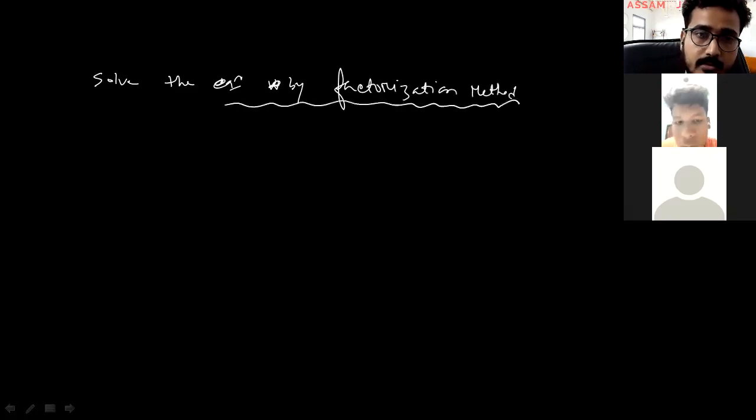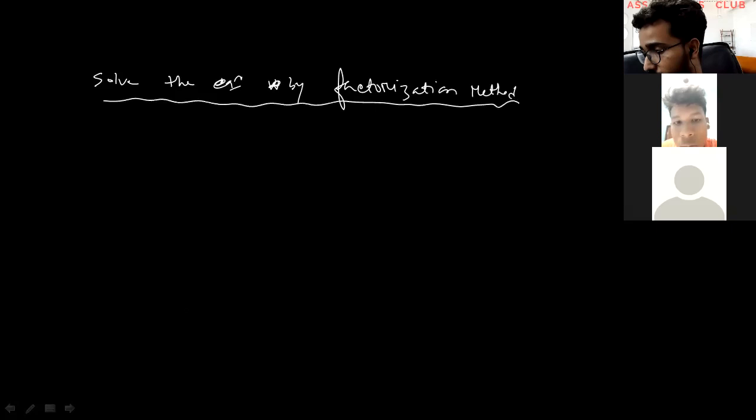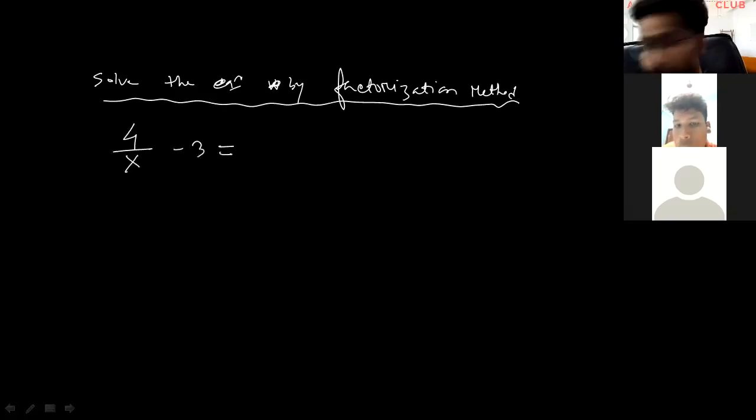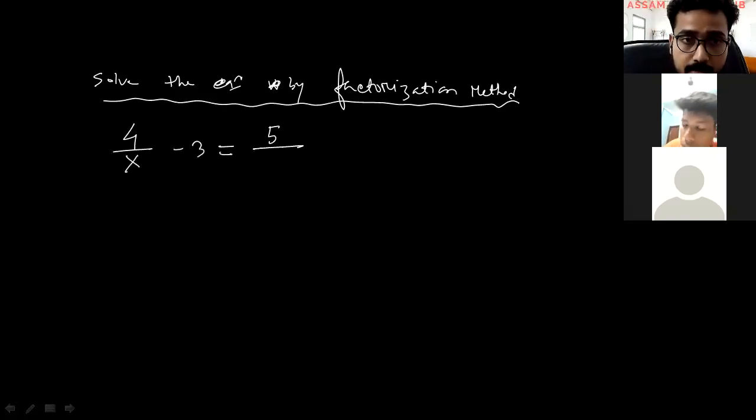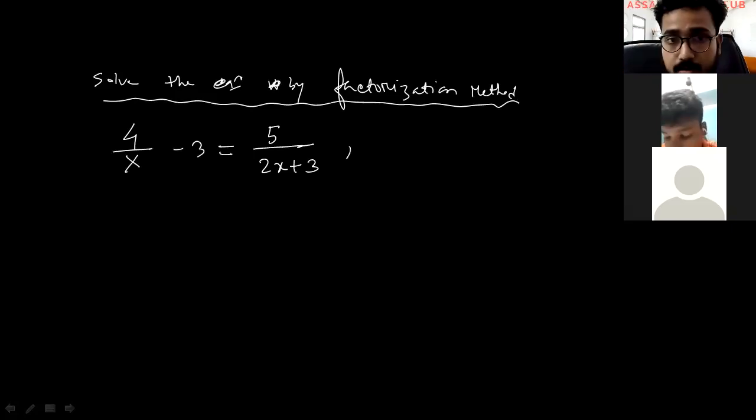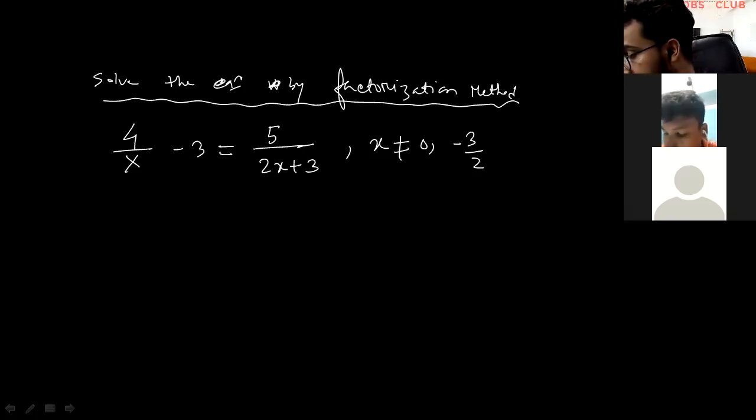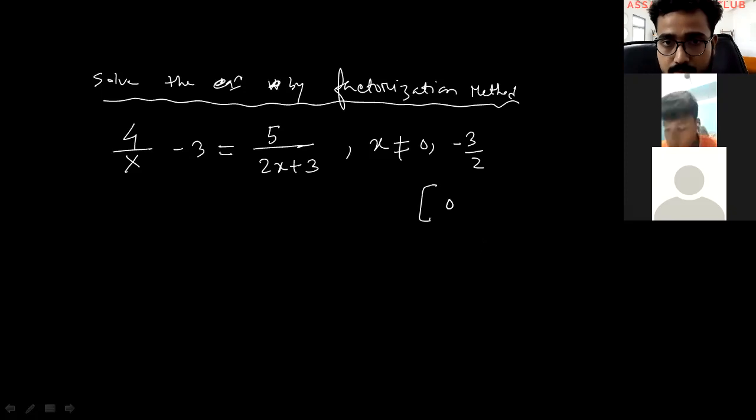Write down the equation: 4 by x minus 3 equal to 5 by 2x plus 3, where x cannot be equal to 0 and minus 3 by 2. And this came 2 times. One is in 2006 compartmental and one is in 2014.